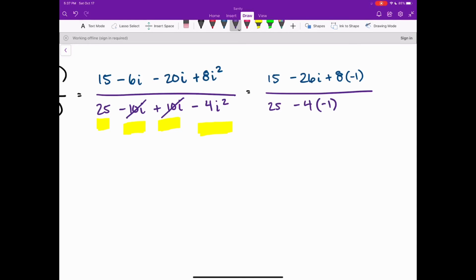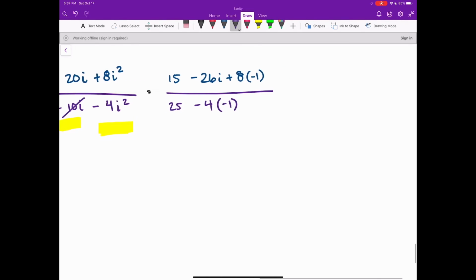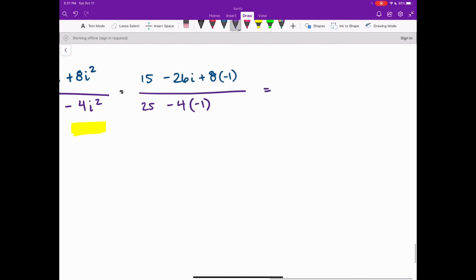Let's continue to simplify this. I'm just taking this step by step. In the numerator, 15 minus 26i, I'm just going to make that 8 negative. In the denominator, I'm just going to multiply the negative 4 and the negative 1. So I'm going to have 25 plus 4.